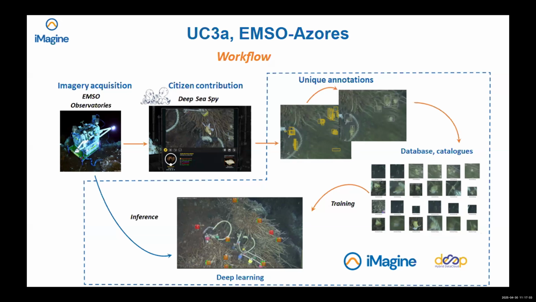We have implemented a pipeline which includes several steps, from data pre-processing to standardize, clean and validate the annotations and prepare the data for training an AI model. Finally, we train a model, and the final pipeline was deployed on the iMagine platform.